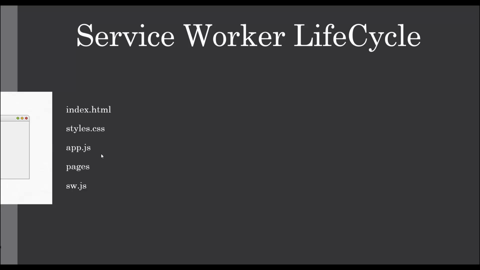We also have the app.js, and this particular file is responsible for registering our service worker. So we don't want to use the UI.js or the common.js that we have, because we want this particular app.js or the service worker to be on a different thread from the UI.